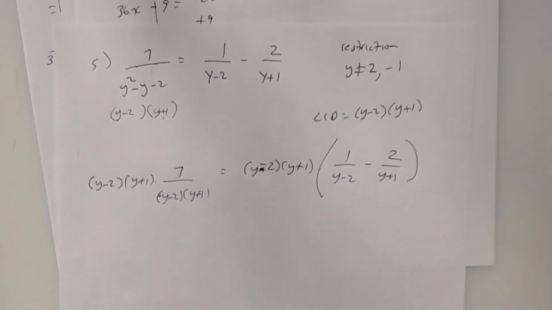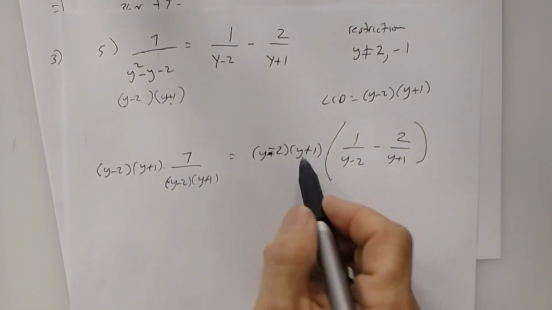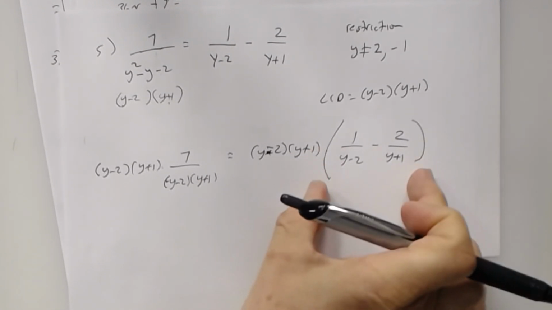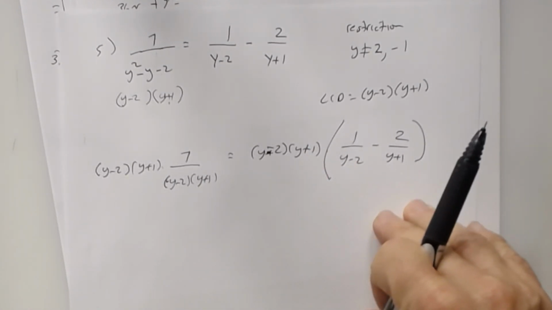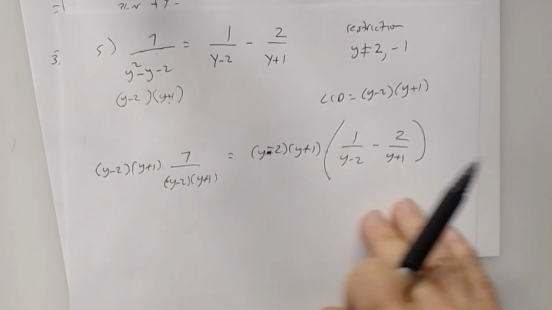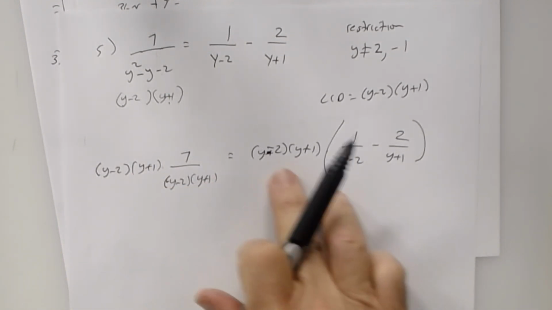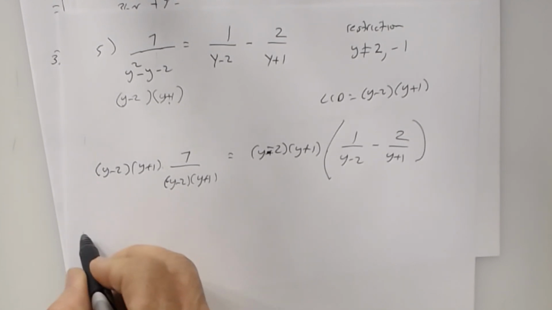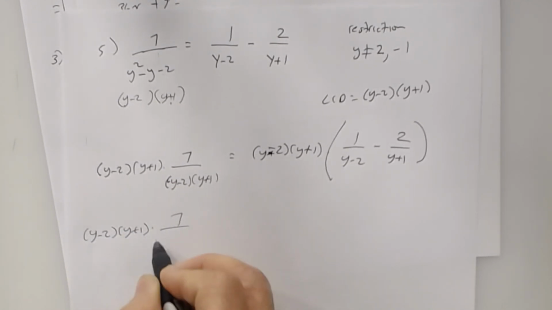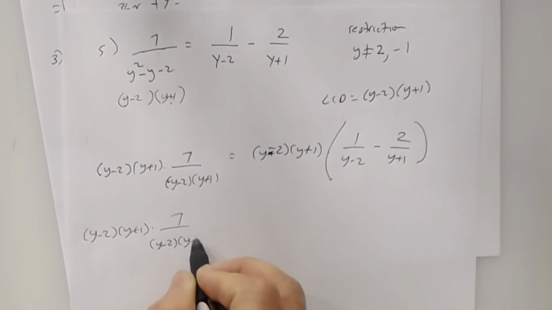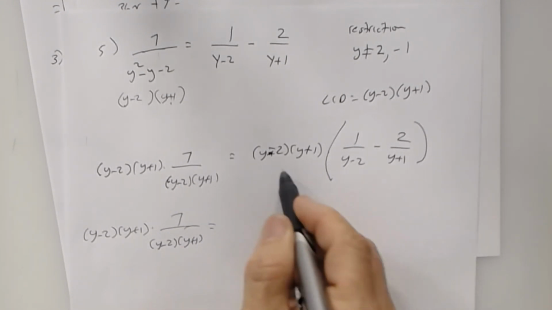All right. Now, once I included this, what is the next thing I should be writing, which is what most of you did yesterday? You wrote out. You're going to rewrite this and you're going to do what here? Distribute. So you're going to say y minus 2, y plus 1 times this, equal, and then you're going to distribute this.